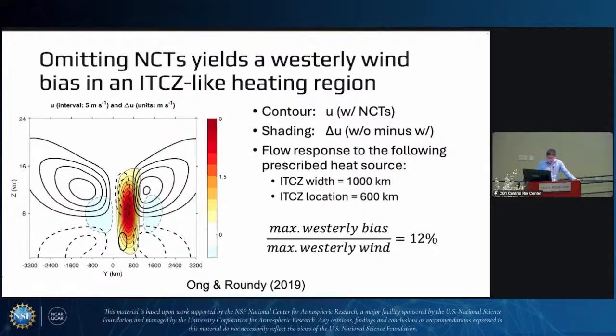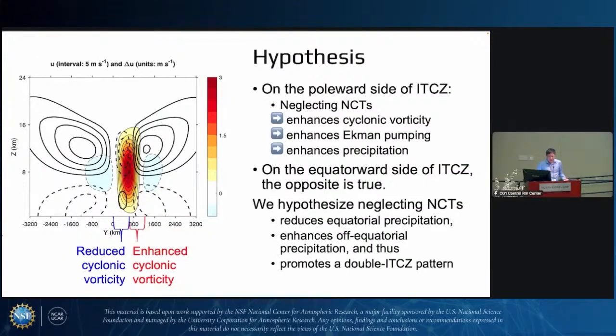Let's think about what happens if this westerly wind bias extends into the boundary layer. There would be enhanced cyclonic vorticity in the off-equatorial region and reduced cyclonic vorticity at the equator when we neglect the non-traditional Coriolis term, because of vorticity tilting.